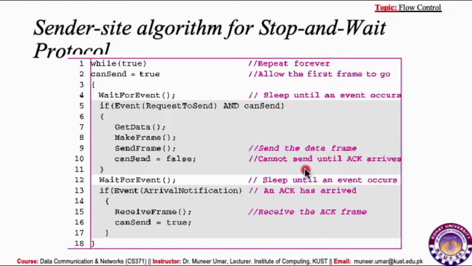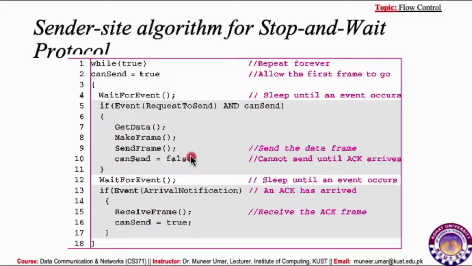To bind the sending with the acknowledgement, we use here the canSend variable. Now, if this canSend is true, then this would be executed. Means that get data, make frame, and send frame will be executed.